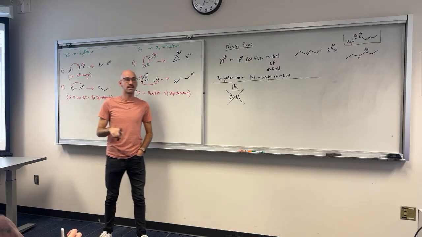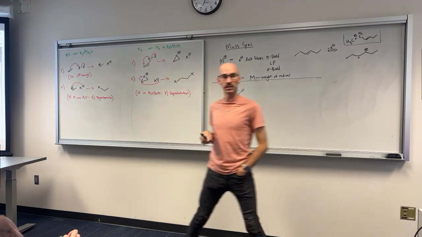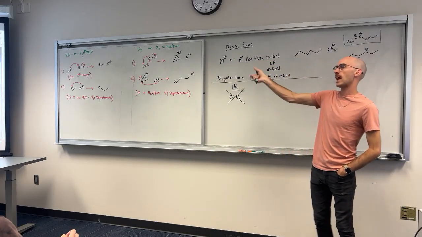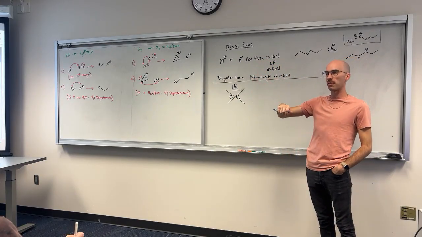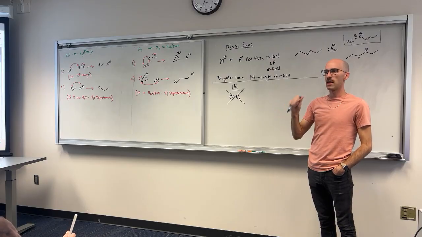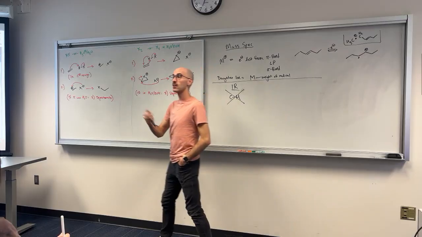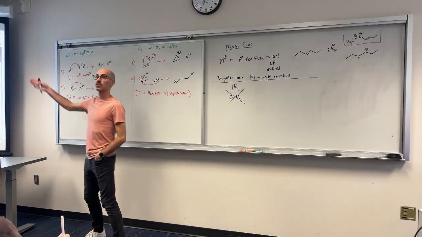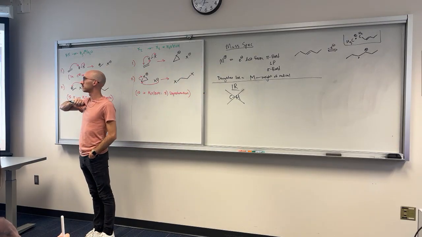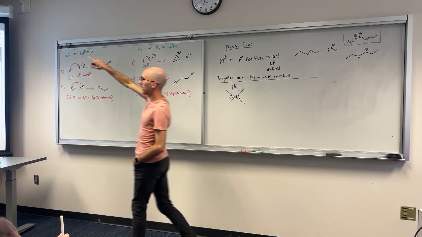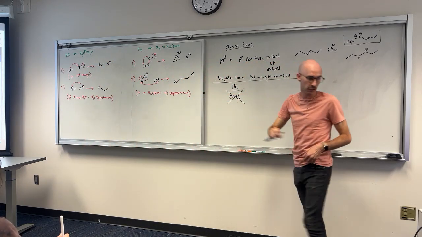sp2 CH is listed. sp3 CH is listed. And CH aldehyde is distinguished from other sp2 CHs. That's because the orbitals that overlap to make your bonds change the nature of the bond, change how it interacts with IR light. Then in the second to the right column, you've got your frequency.